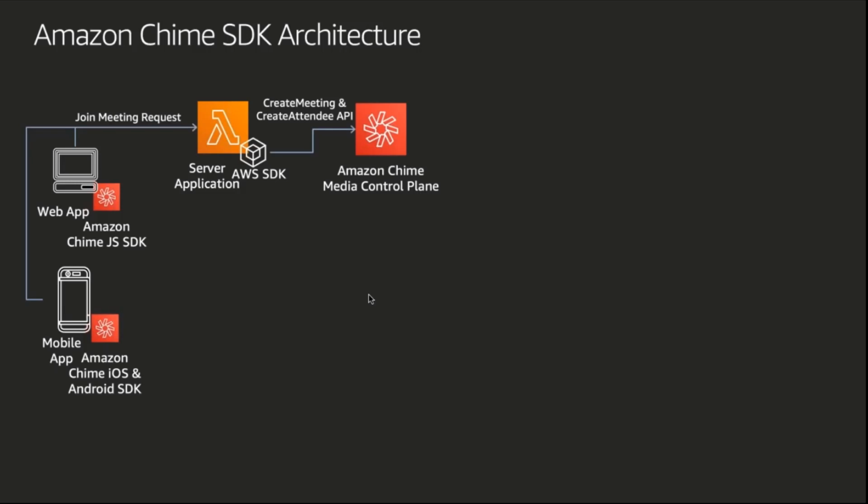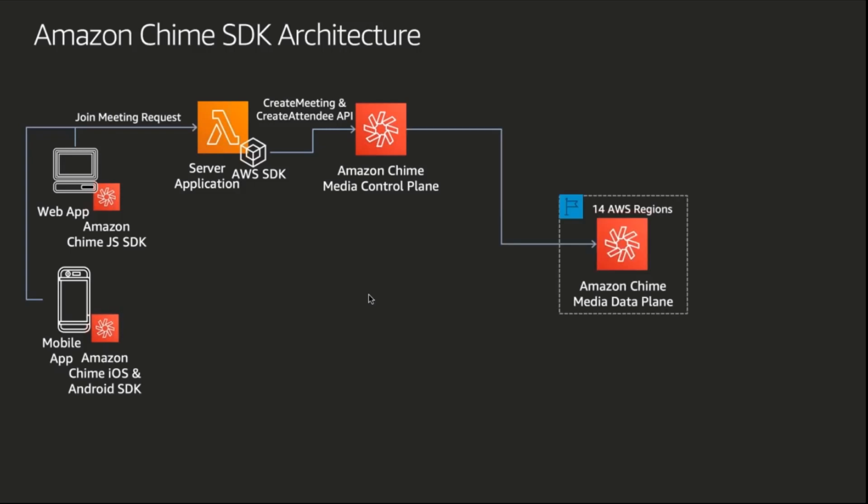Based on the region of interest, our servers place the meeting in any of Chime's media data planes. An attendee is added to this meeting and a join token is provided back to the client application. The client application uses the media data plane URLs to join this meeting in the media region using a secure WebSockets connection.